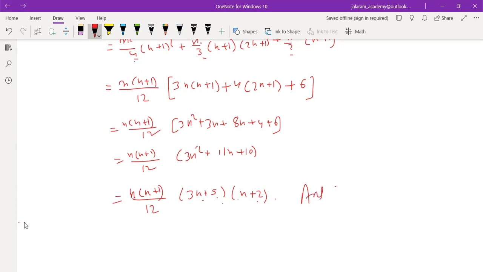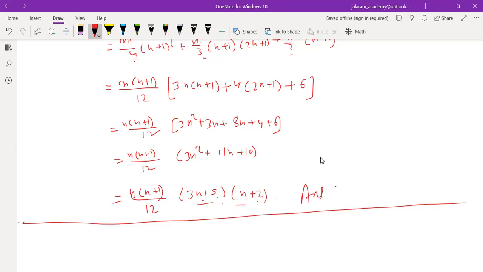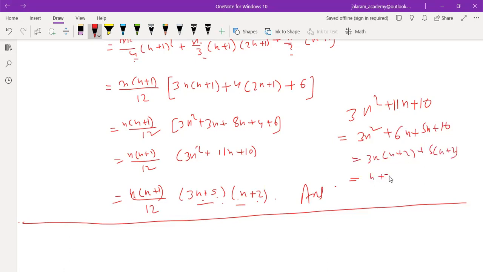You can also write it directly, but if you are not able to factorize directly, you can factorize with the proper method. You know that if 5 into 3 are 30, we should write 6n plus 5n plus 10. It is very easy. When we take 3n common, n plus 2. When we take 5 common, n plus 2. Then we take n plus 2 common into 3n plus 5. So this is the answer.